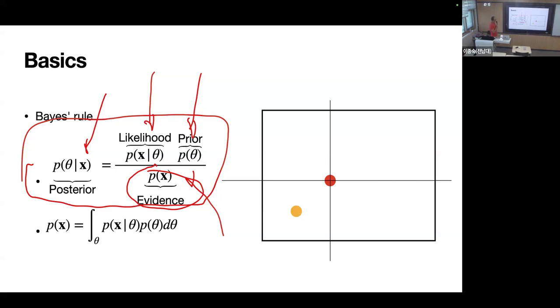So imagine that we have a table like here, and I'm turned with my back to the table, and there is a yellow ball on the table somewhere, and I need to guess where the yellow ball is located.